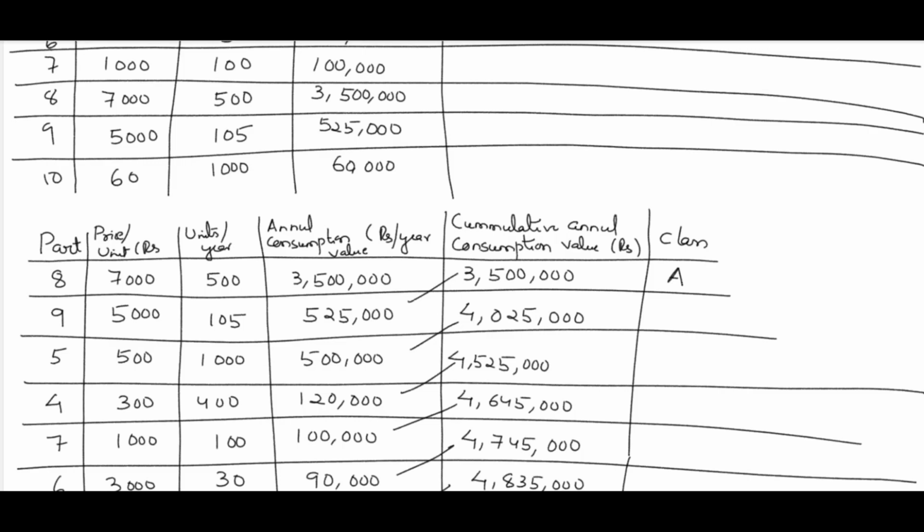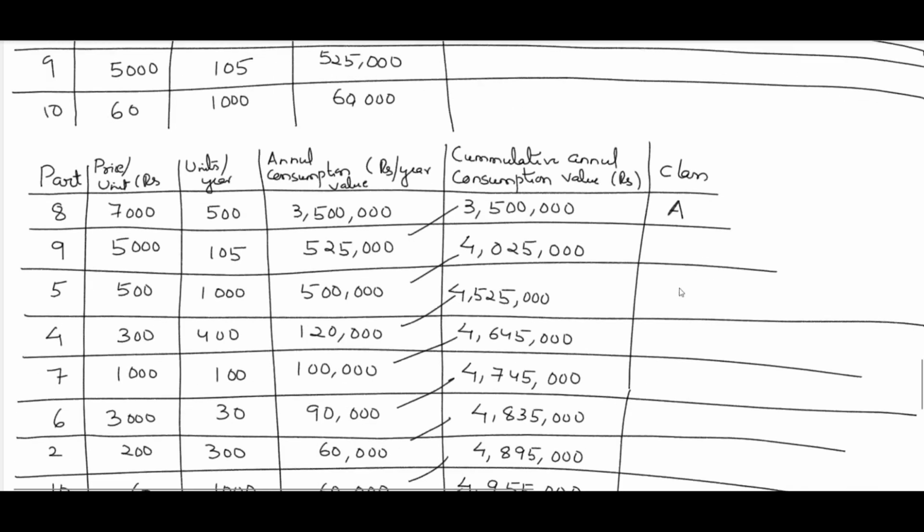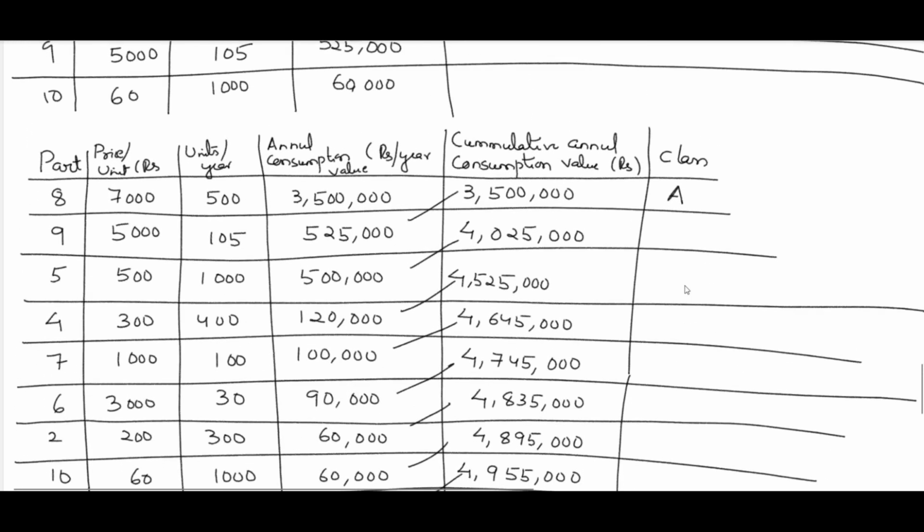So part 8 belongs only to category A, because 70% of the total cumulative sum is 3500000, and it is not more than that, so that's why it belongs to category A. Next we know that for another 20%, we have to take the cumulative sum, that is 70 plus 20, so we will go for 90% of 50 lakh.